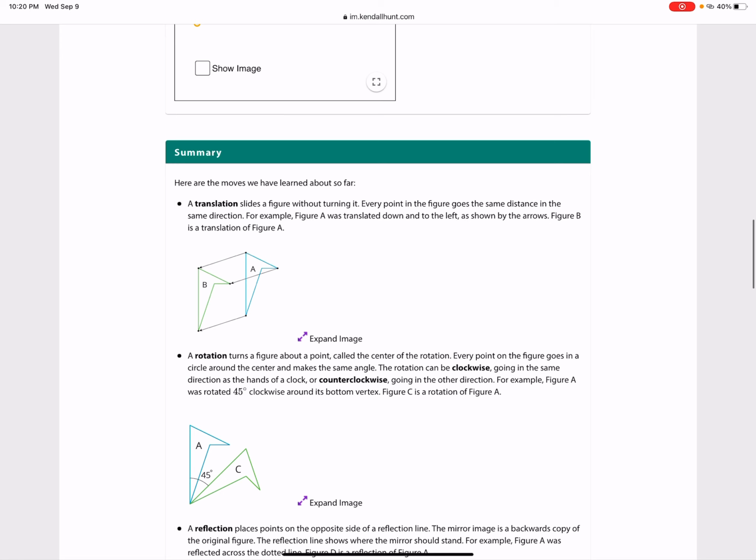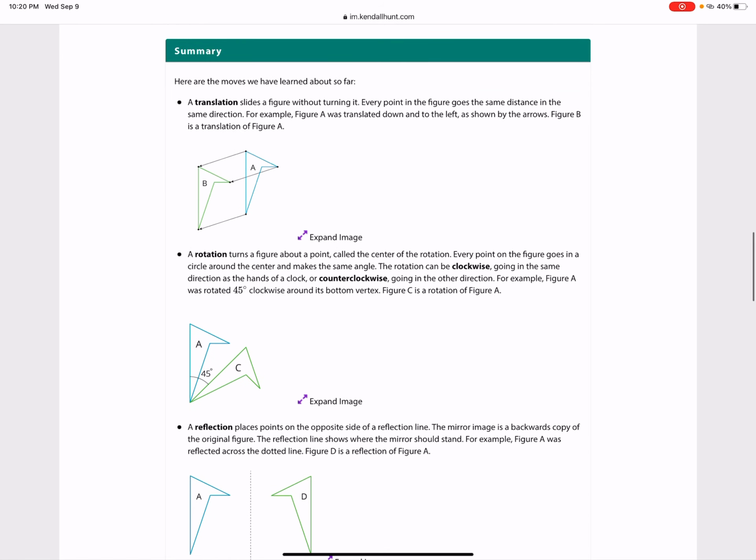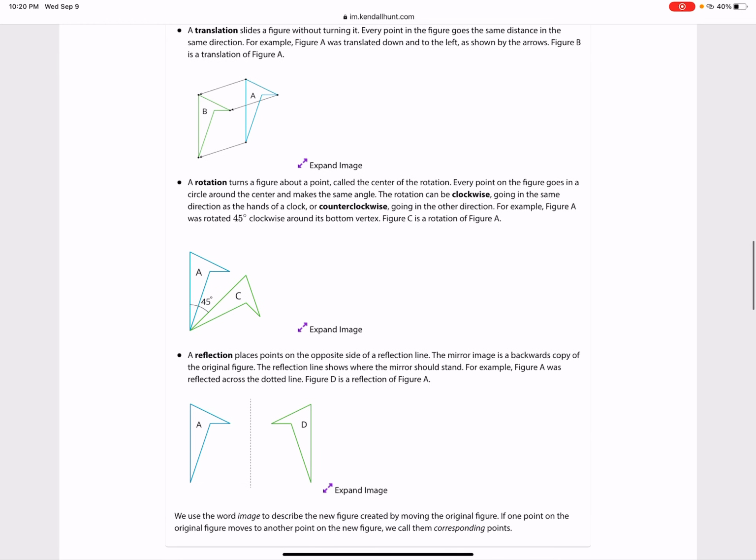So again, these lesson summaries at the bottom, they give you the vocab, all the words I just used. A translation is a slide. It just shifts to the side or up or down. There's no turn. A rotation turns it around a point. It's like you're holding it on the point and spinning it around. You can go clockwise or counterclockwise.